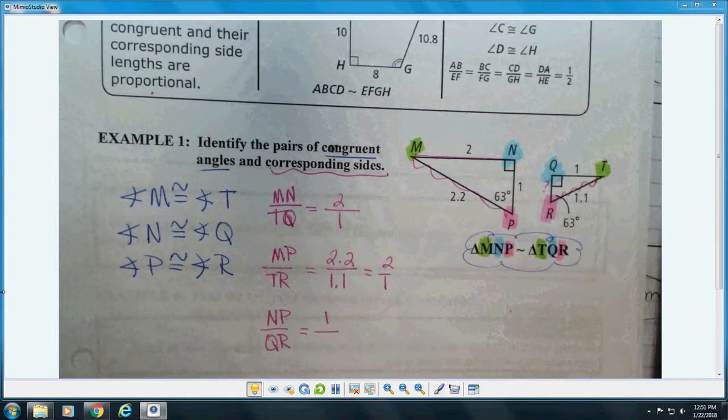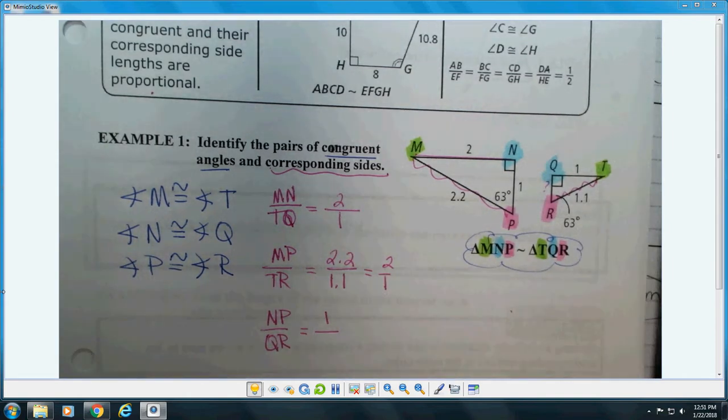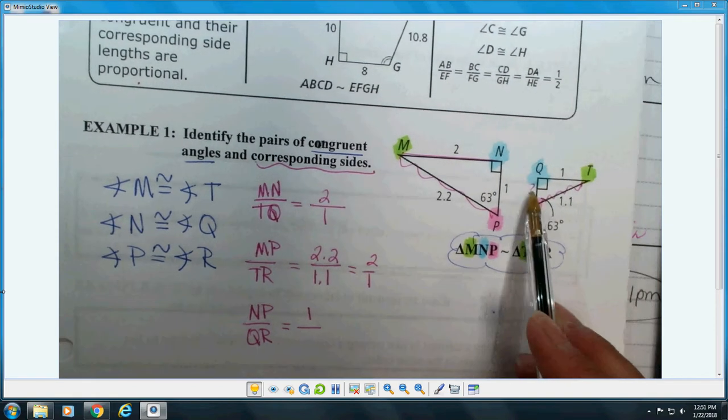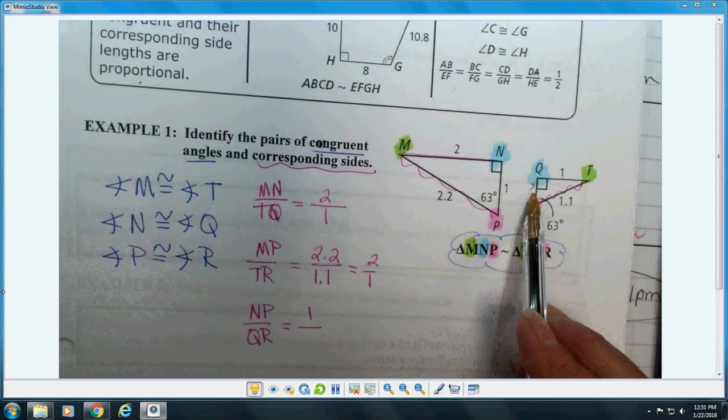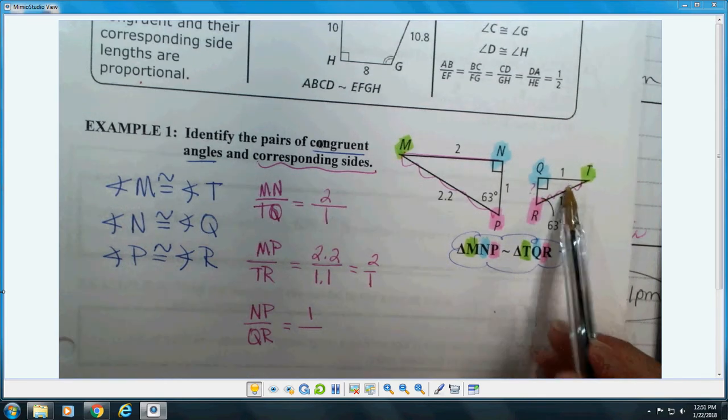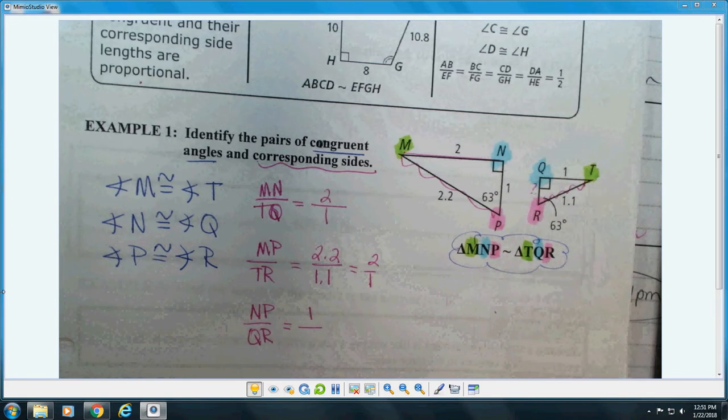So what am I going to need to do? To make sure they're proportional, I have to have it, so I'm going to have to find it. So I'm going to come over here and I'm going to actually find it. Well, how am I going to find it? I have a right triangle. What can I do with right triangles?